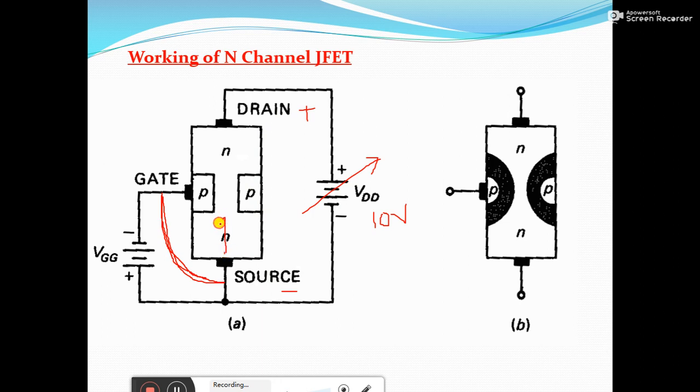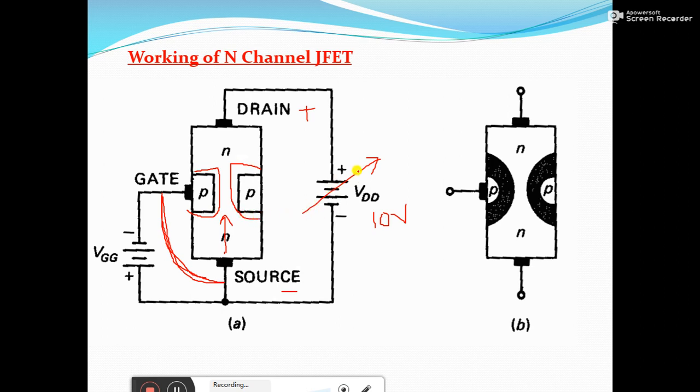The electrons will try to move from source to drain. At the same time, the PN junction is reverse biased. So here there are two PN junctions on the opposite sides of the bar, and they protrude more at the drain terminal and less at the source terminal.